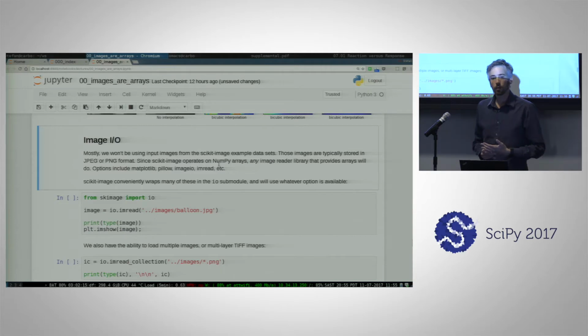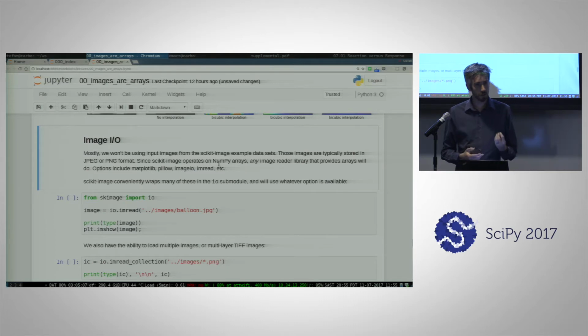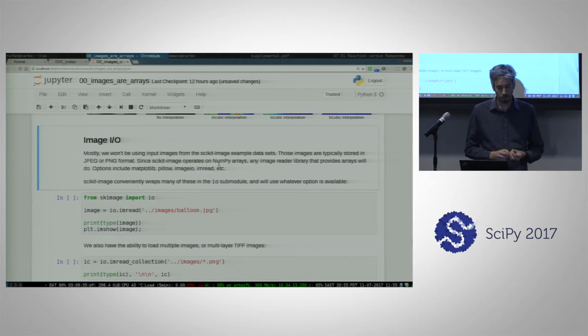Right, so far we've generated arrays from scratch by using NumPy's random command, and we've loaded images from scikit-image.data. But it wouldn't be very useful if we couldn't actually load data from disk. So scikit-image provides an I/O module, and while the underlying implementation changes a little bit from time to time, the I/O interface is stable.